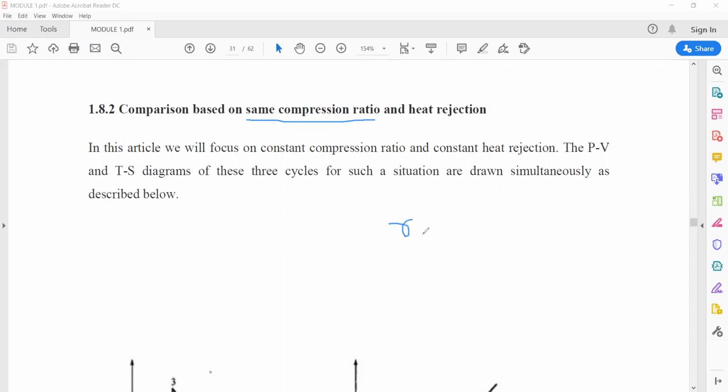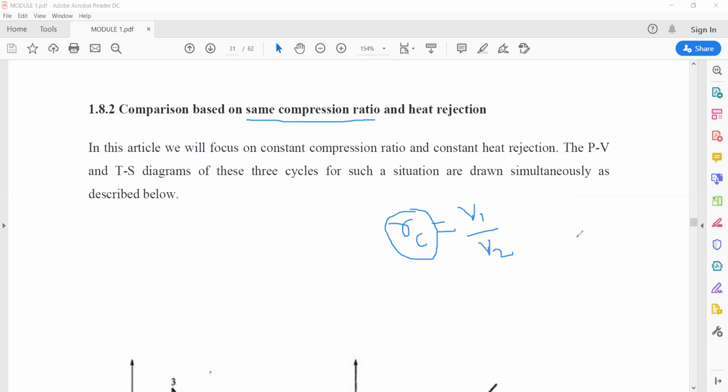The compression ratio rc is the ratio of the volume at the beginning of compression to the volume at the end of compression. This compression ratio should remain the same for all three cycles. So V1 by V2 for Otto equals V1 by V2 for dual equals V1 by V2 for diesel.